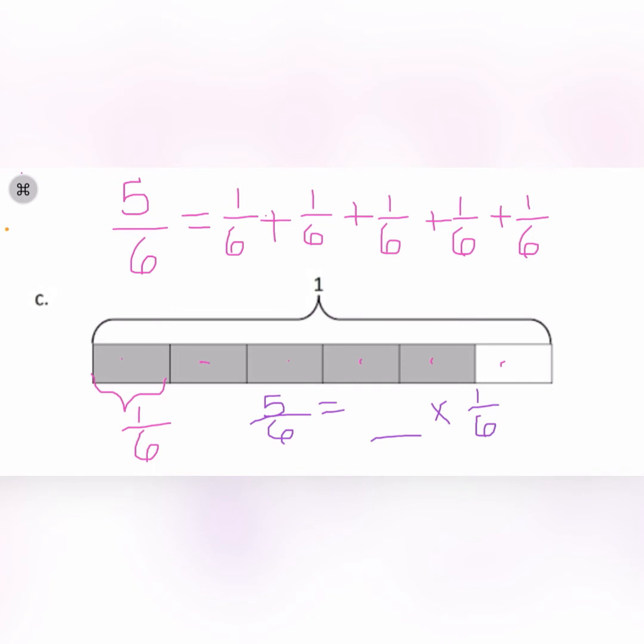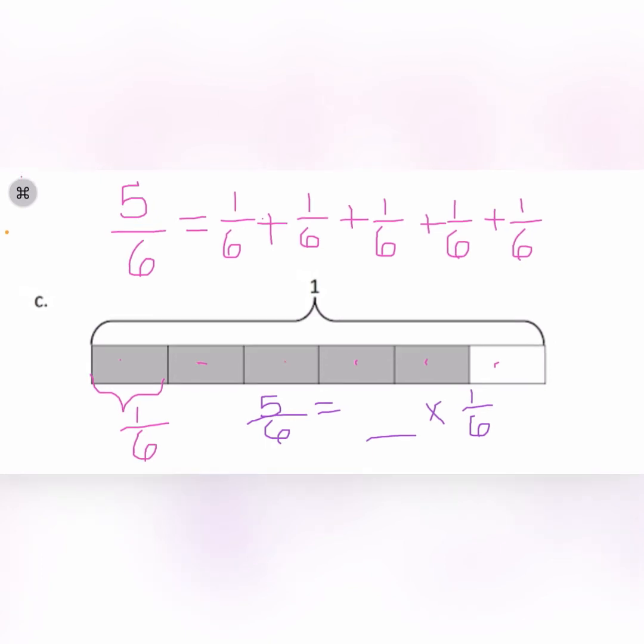So we have to think, how many times do I need to add 1/6 to get to 5/6? That's one way to think about it, is to use your sum of unit fractions to help you write your multiplication sentence. We know we had to add 1/6 5 times.